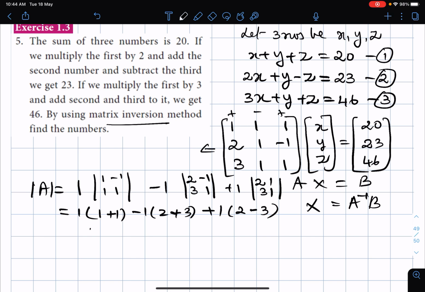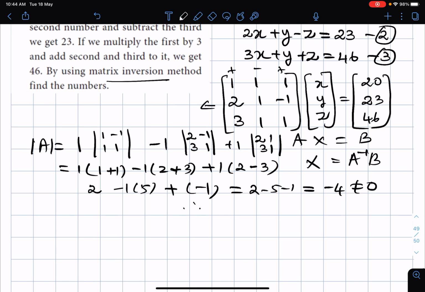So this will become 2 and this will become minus 1 into 5, plus minus 1, you need not write. So your answer is going to be 2 minus 5 minus 1, that is equal to minus 4, not equal to 0. Therefore, A inverse exists.